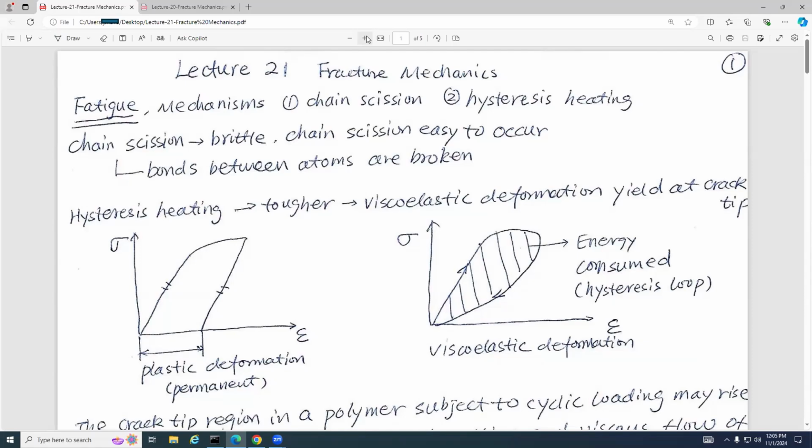We talked about these composites. There are several important concepts. For example, we have talked about thermoplastics and thermosets, chain entanglement, chain scission, shear yielding and crazing, and several models.